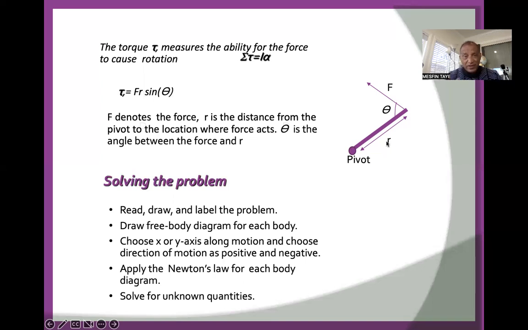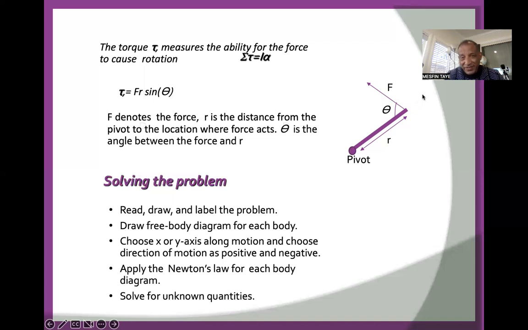Now be careful. When you say torque measures the ability of a force to cause rotation, it means not all forces cause rotation. For example, if somebody pushes in this direction, he cannot rotate it because theta is 180, and sine of 180 is 0.